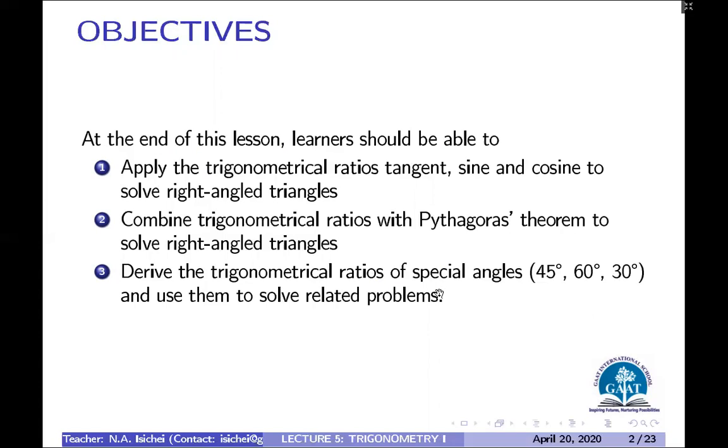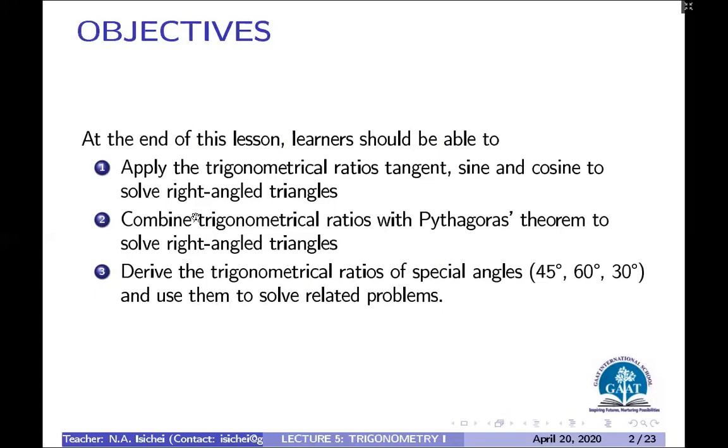And finally, you should be able to derive the trigonometrical ratios of some special angles, that is 45 degrees, 60 degrees, and 30 degrees, and use them to solve related problems.